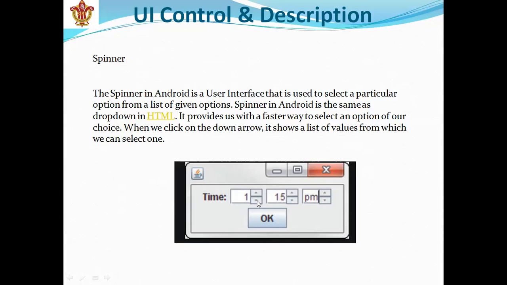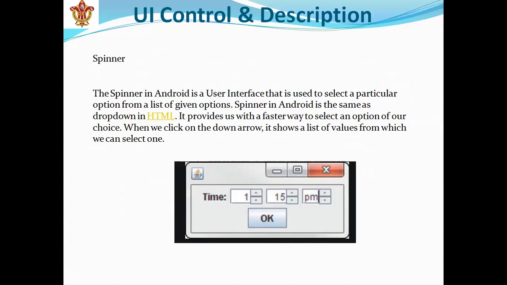In this diagram, we can select 2, 3, 4, whichever entity we want, by the drop-down arrow. If we want to select 2, then we have to click on the upward arrow. And when we have to select 0, the numbers below 1, then we select the drop-down arrow. The upward arrow shows the increasing order and the downward arrow shows the decreasing order of the spinners.